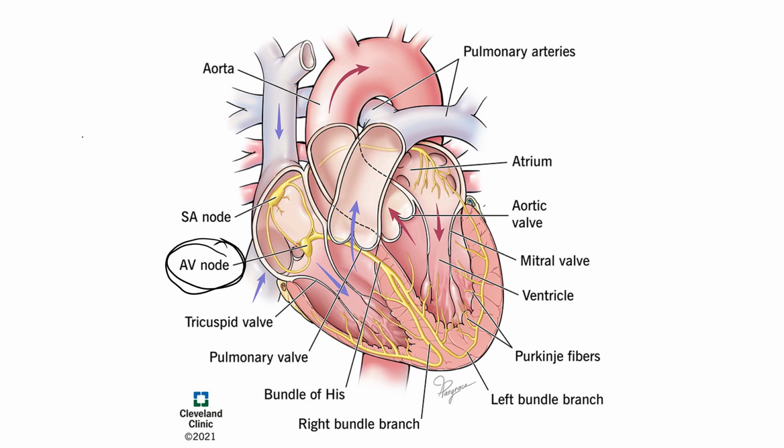The action potential right now started off in the SA node, obviously, and is propagating throughout different right atrial muscle fibers.